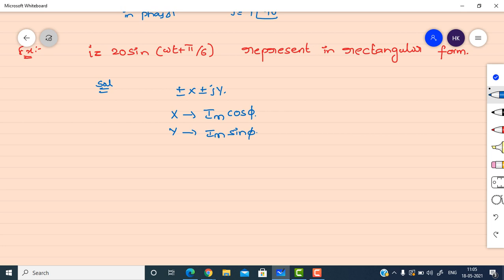From the given equation we can write the Im value and phi value. Compare this equation with the standard equation, Im sin omega t plus or minus phi. So Im is equal to 20 and phi value is pi by 6, which is 30 degrees.